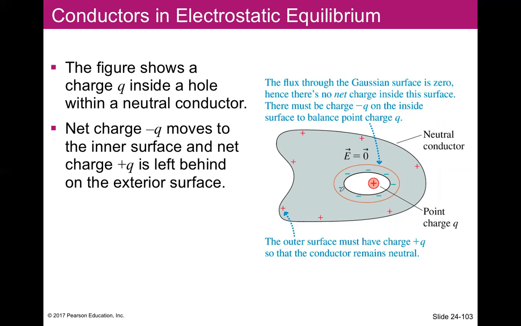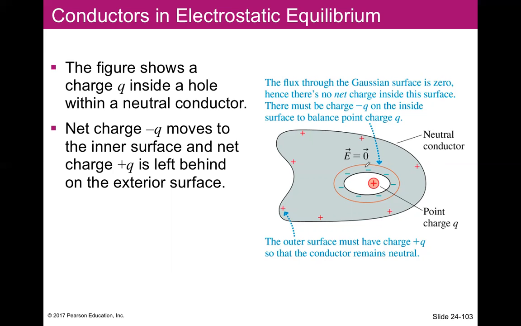So that when you calculate E inside the metal, you will still have E to be zero, because when you make a Gaussian surface, no matter which way you do it, you will have zero net charge inside the closed surface.